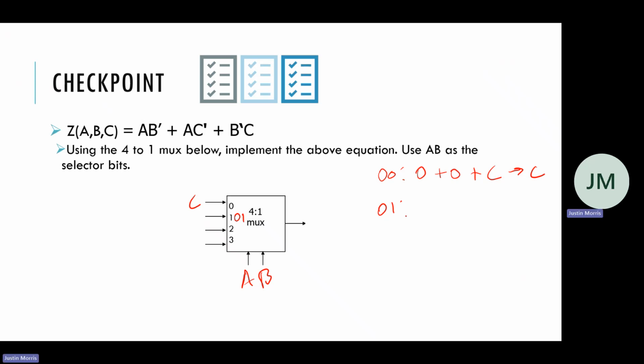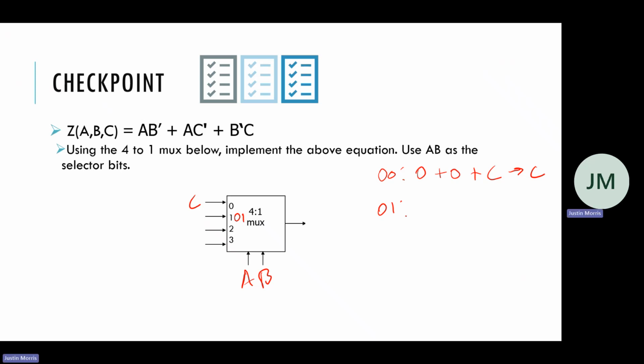I got confused. Where does the C come from? It's easier for me to point. A is 0, right? So no matter what B is or what C is, this term is 0. In this term, B is 0, but it's inverted, so B invert is 1.